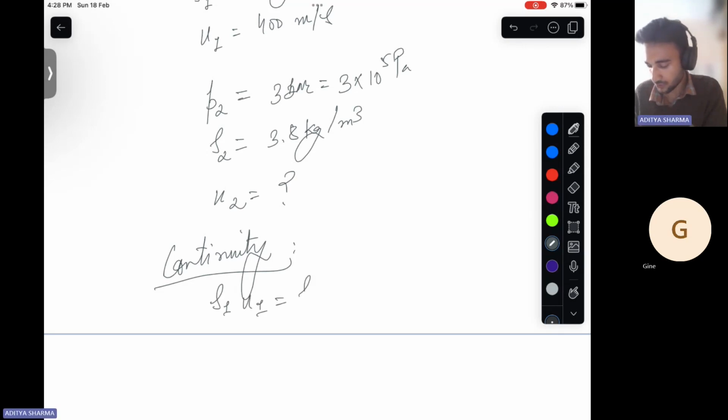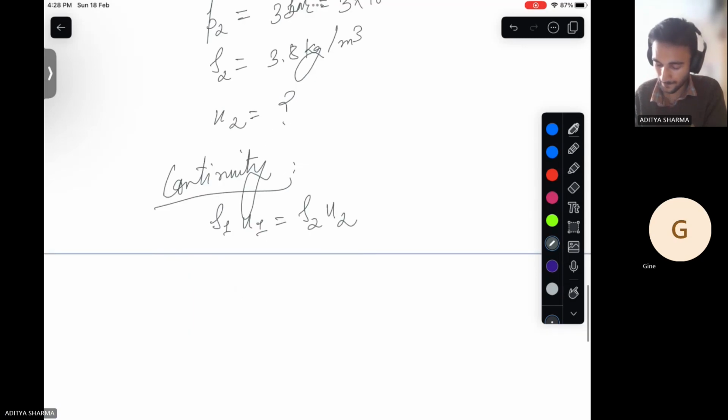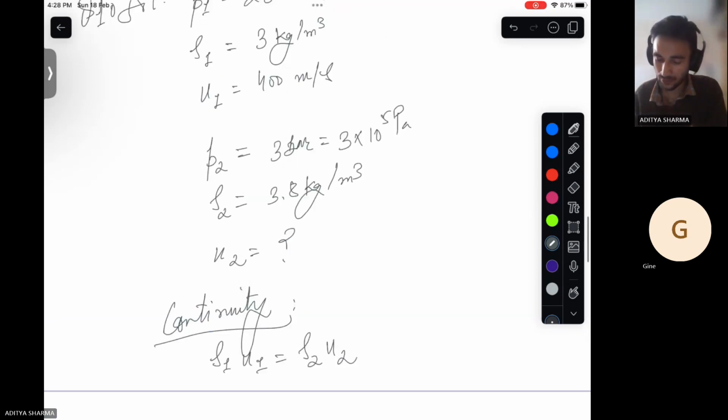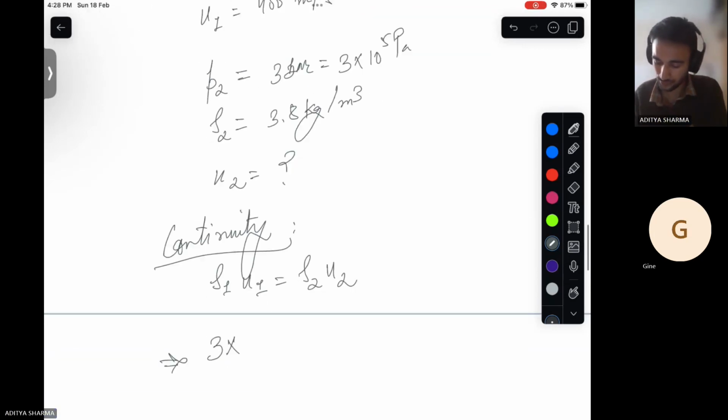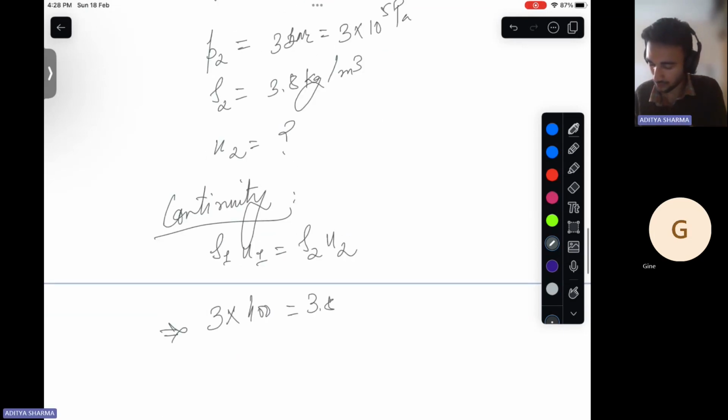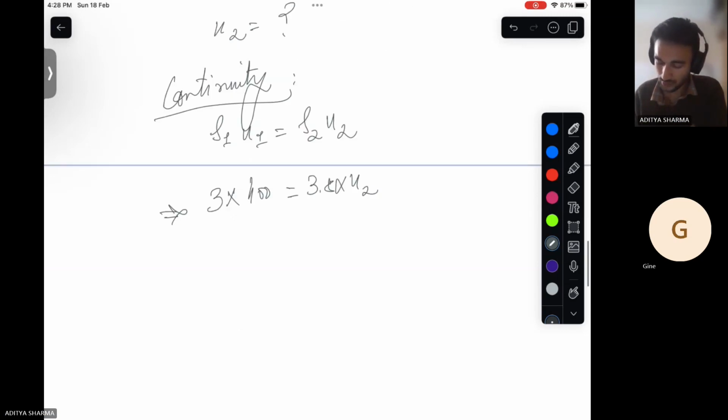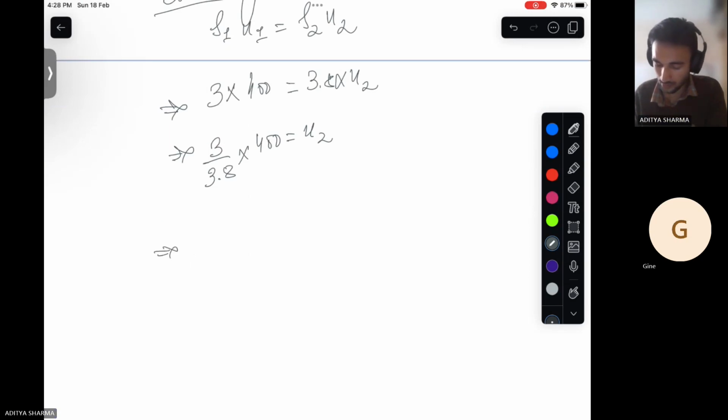Rho 1 u1 equals rho 2 u2. Three into u1 is rho 2, 3.8 into u2.